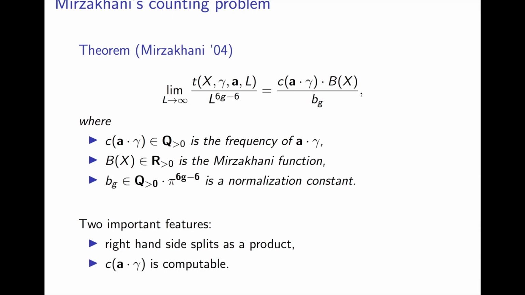And the second thing, which is also important, is that even though I'm not giving you a definition of what this frequency is, it is computable in the sense that you can write an algorithm, or if you're patient enough, you can compute it by hand, which gives you the value of this rational number. I should say that this number is rational as long as the weights are rational.